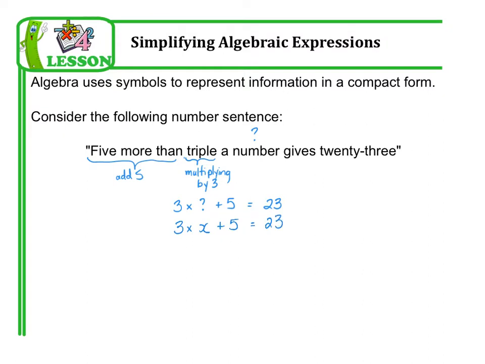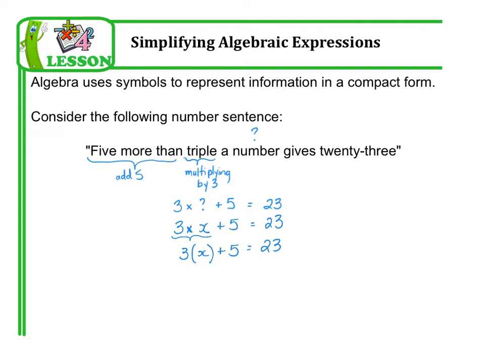And mathematicians didn't like how this part looked right here. The 3, a times sign is an x, and then we're using the variable x, okay? So instead of writing a times sign, and I know that we've talked about this before, mathematicians use brackets also to mean multiply. So when I write 3 bracket x and close the brackets, that means the same as multiply, okay? Plus 5 equals 23.